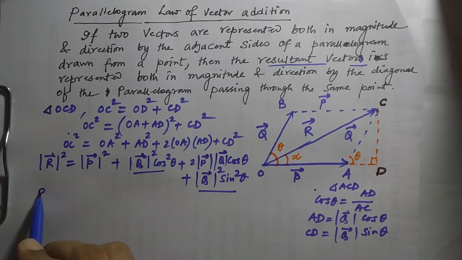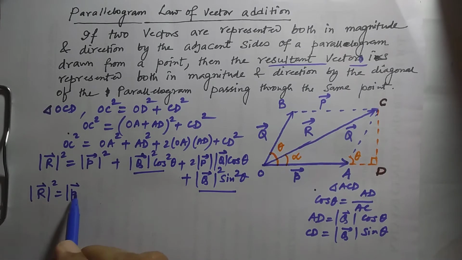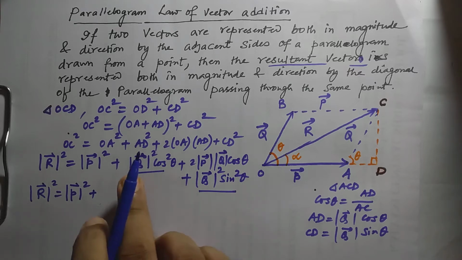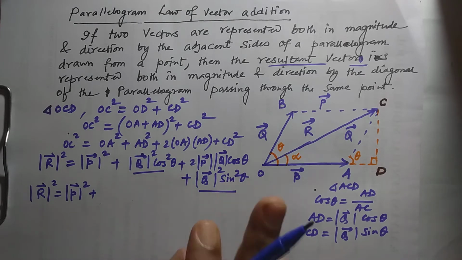So we'll get R vector square is equal to P vector square plus, if we take Q vector common, cos square theta plus sin square theta is equal to 1.